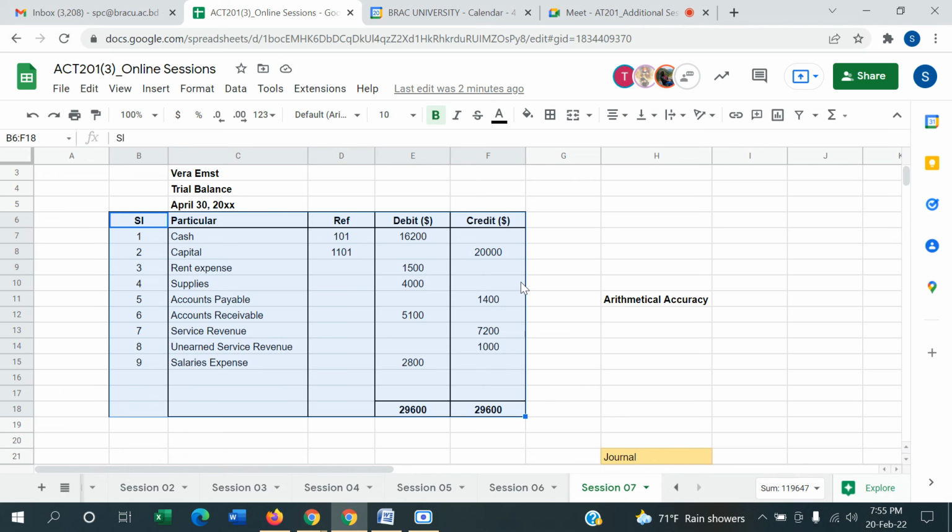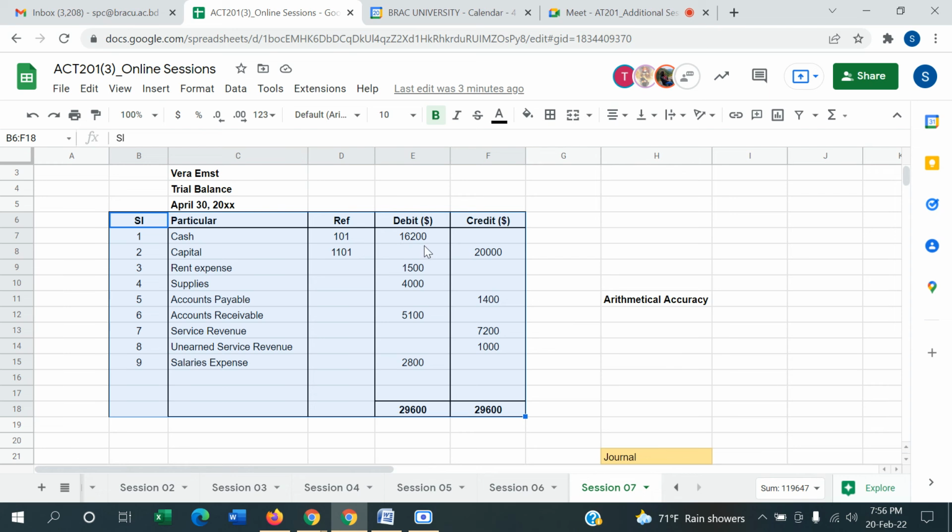Now we can easily provide this information if anyone asks us how much cash on hand. Is it possible to provide that information? Yes, how much? This is the amount: 16,200.